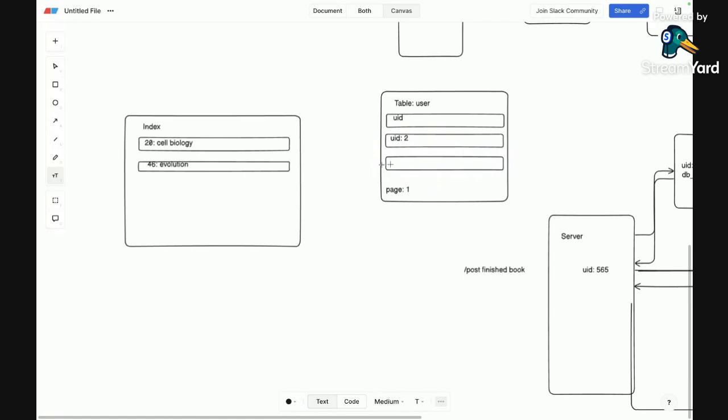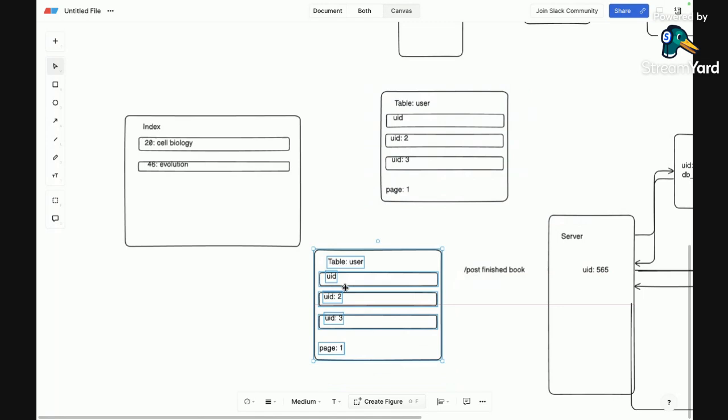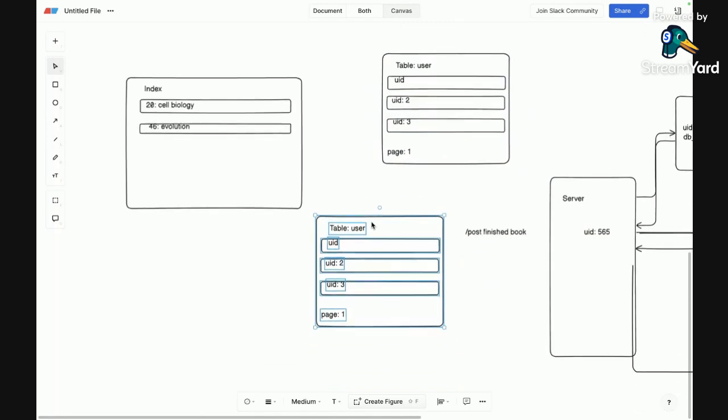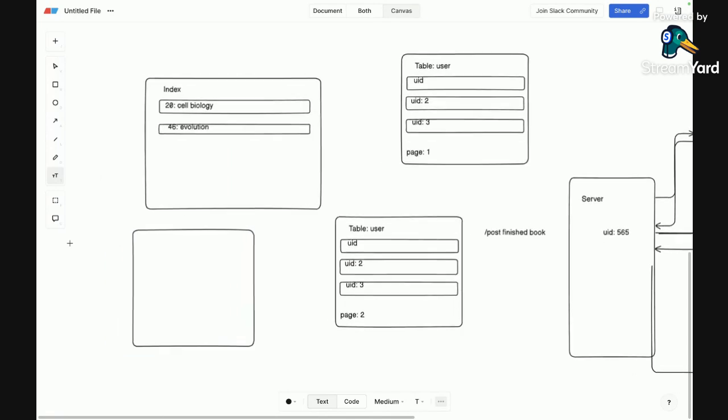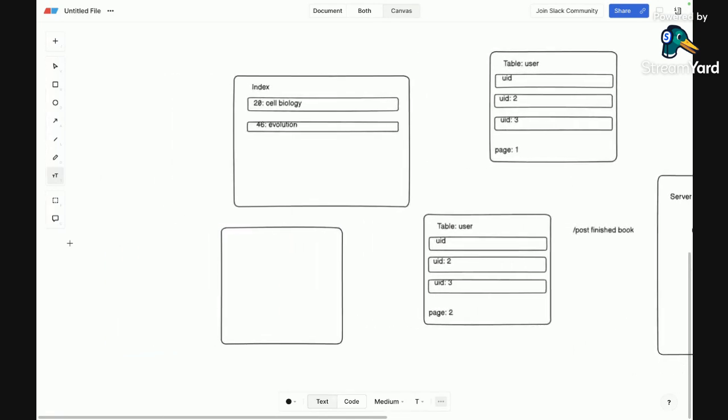Okay, so then what you can do is, this is page 1, there is page 2. Imagine one page can only hold so much, right? Maybe one page can only hold 3 rows of the database. So then there is 4, 5, like that. The index will be living inside the same database, and again, it's something called a B tree. You can think of it like a tree with leaves and nodes.